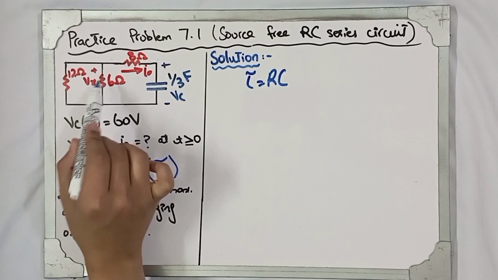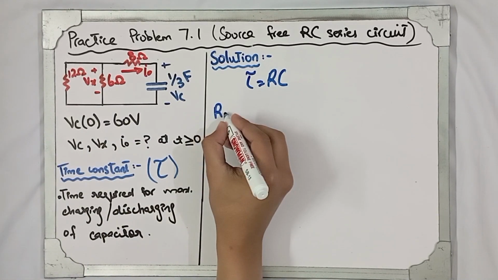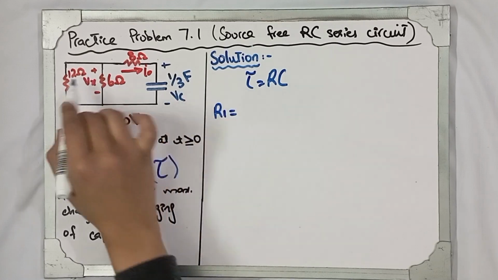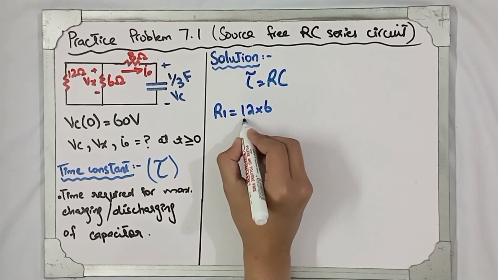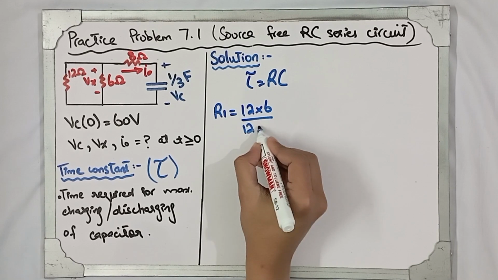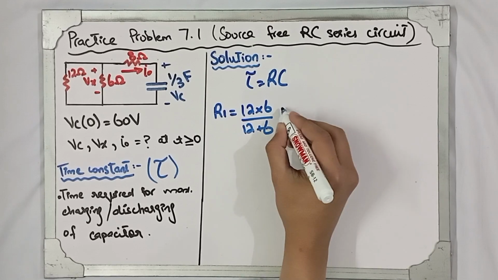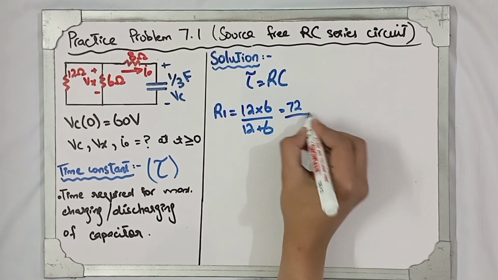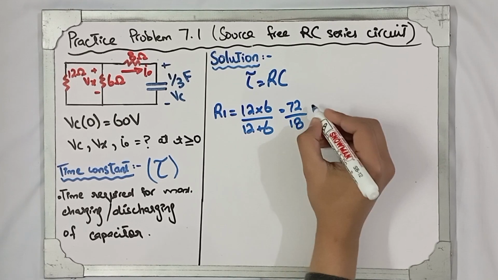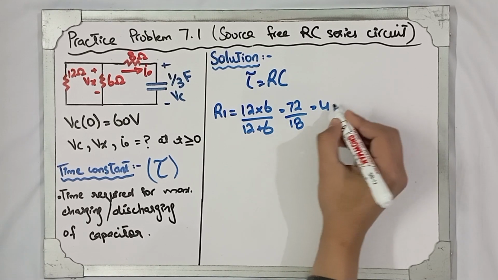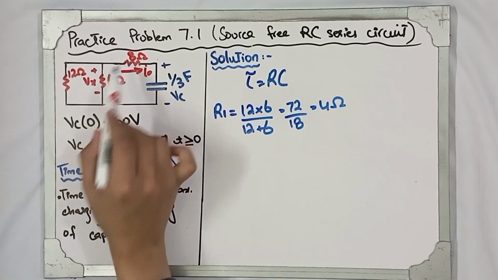Let's name their equivalent R1. R1 equals 12 into 6 divided by 12 plus 6, so it will give us 72 divided by 18. Simplifying it will give us 4 ohms, that is the equivalent of these two parallel resistors, right?